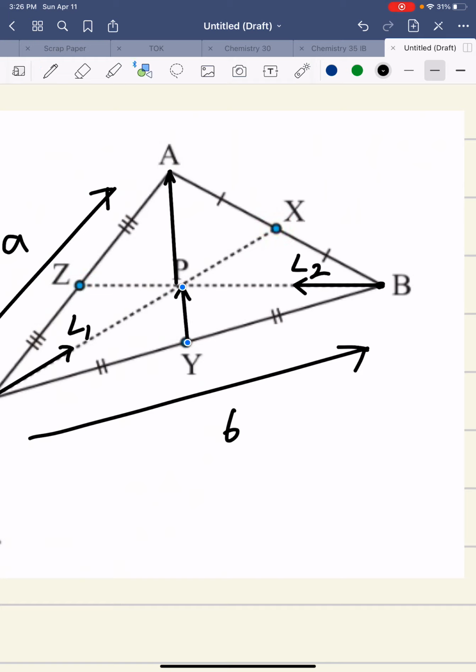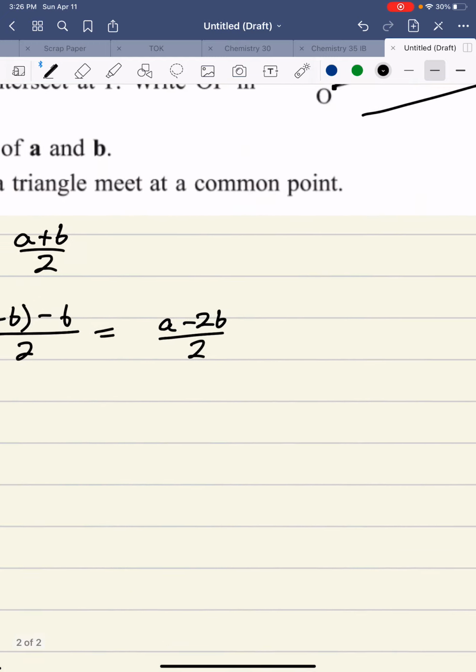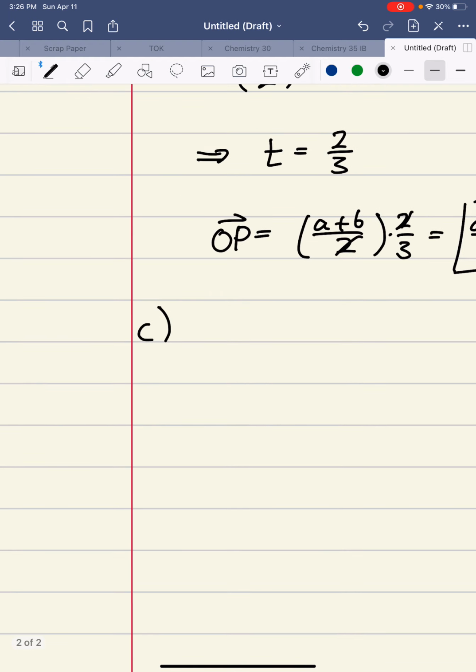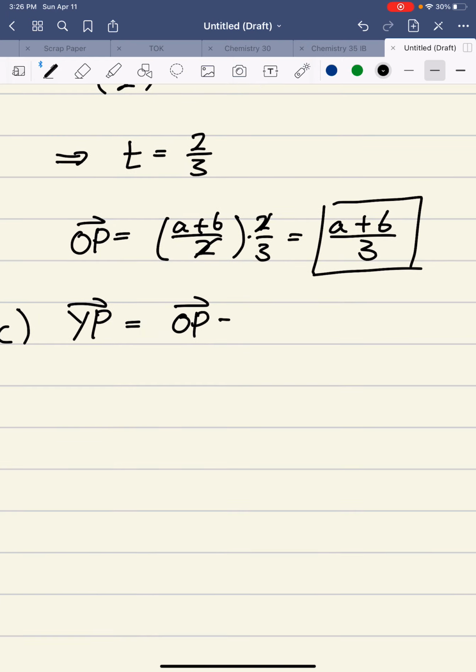One second, let me just make this sort of straight. There we go. Okay, so let's start with YP. So YP is just OP minus OY.